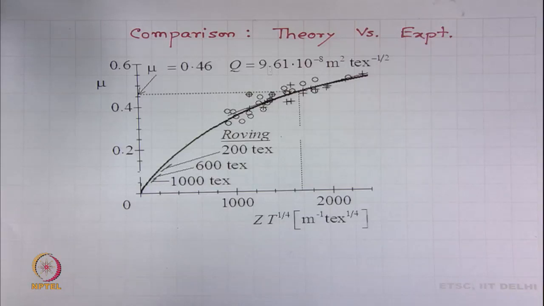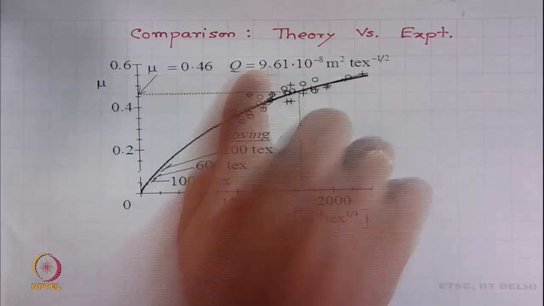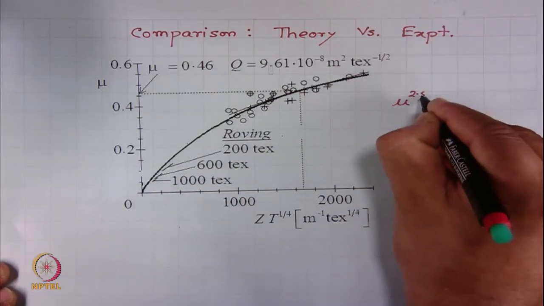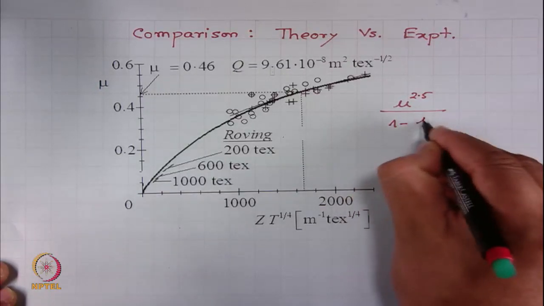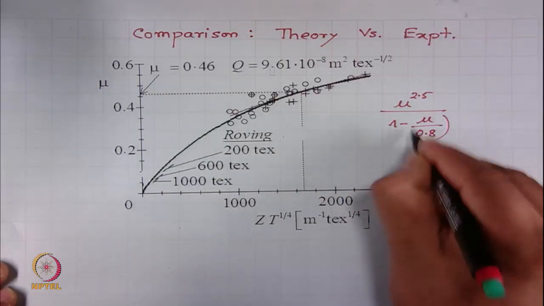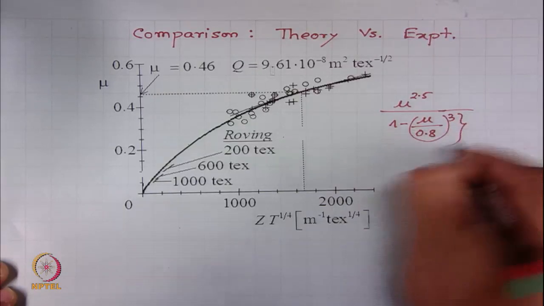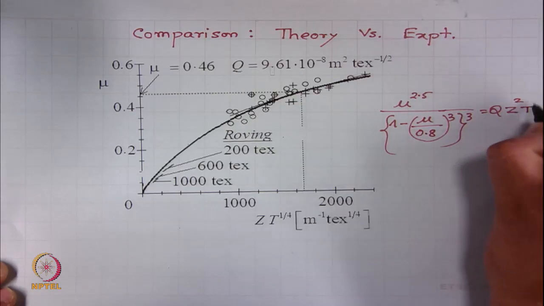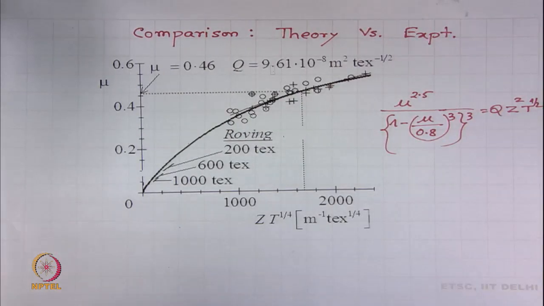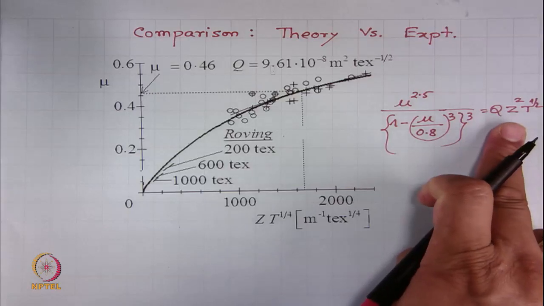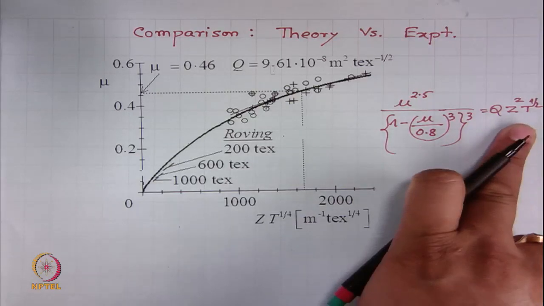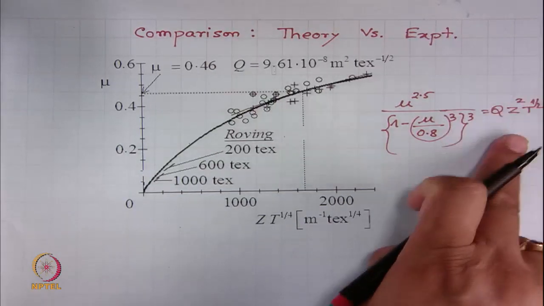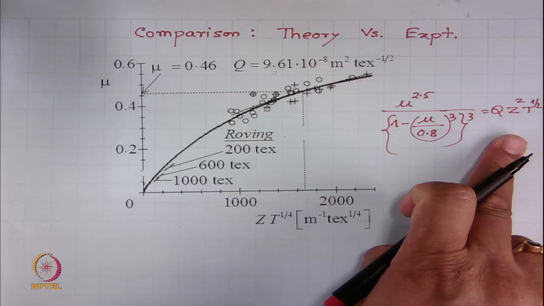Then using this value of Q, using the value of Z experimentally measured and also the experimentally measured value of T, the right hand side was calculated for different yarns.